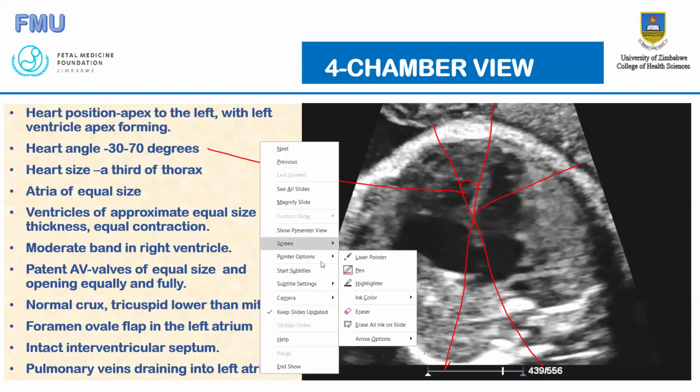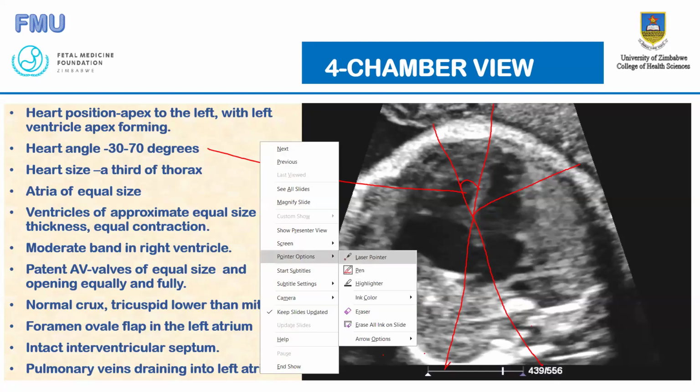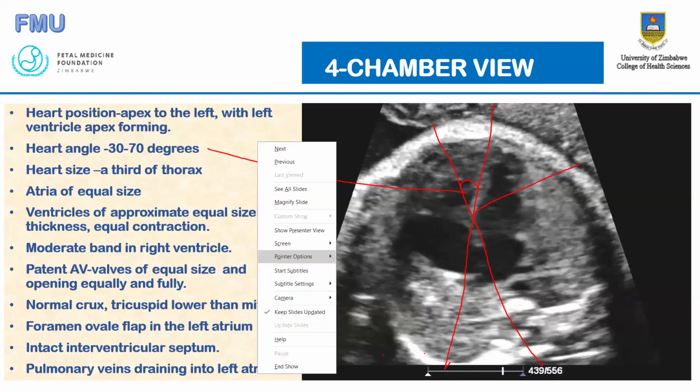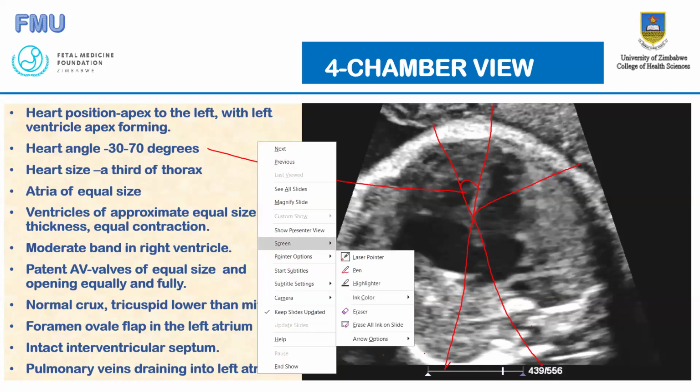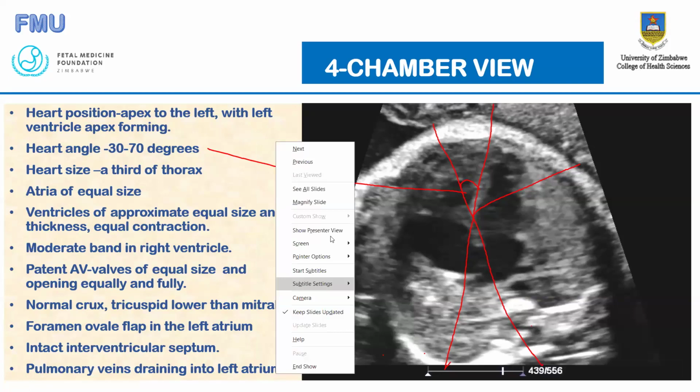While the heart is moving or beating, if you eyeball the heart and you are not certain that the angle is correct, then the measurements have to be done. Let's clear this. Erase all ink.